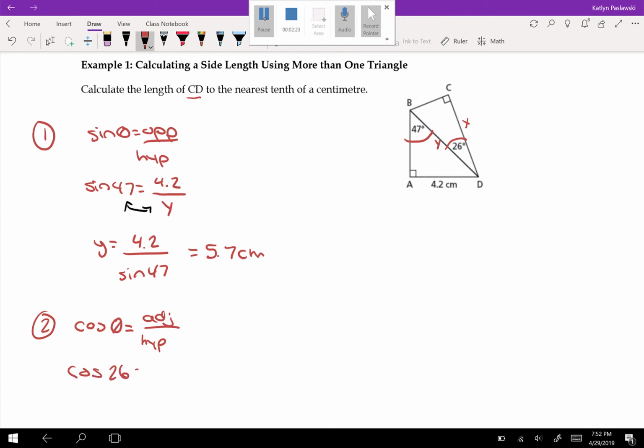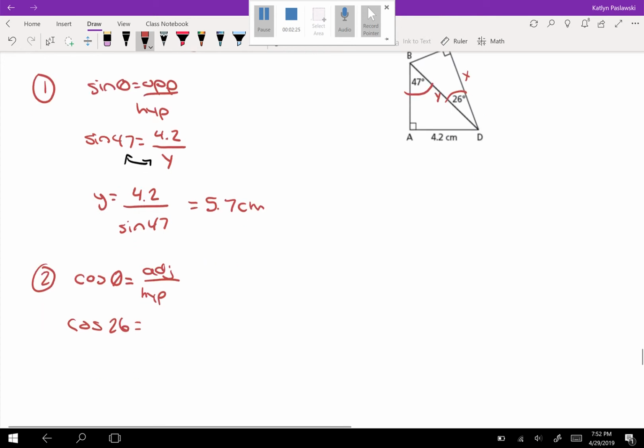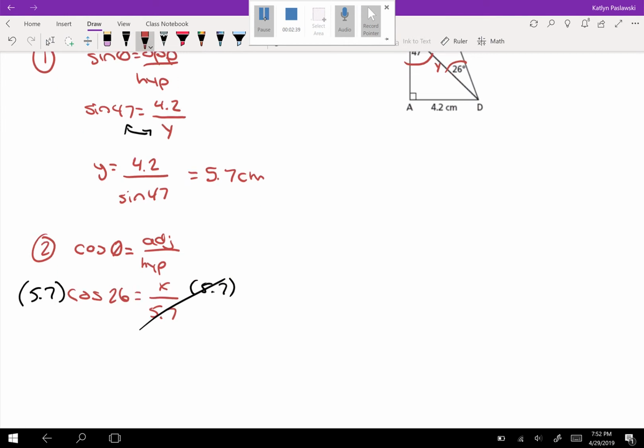So cos 26 is equal to, the adjacent is x over 5.7. I want to isolate the variable, so I'm going to multiply by 5.7 on one side and multiply by 5.7 on the other. I now have cos 26 multiplied by 5.7. X is a value of 5.1 centimeters as a final answer.